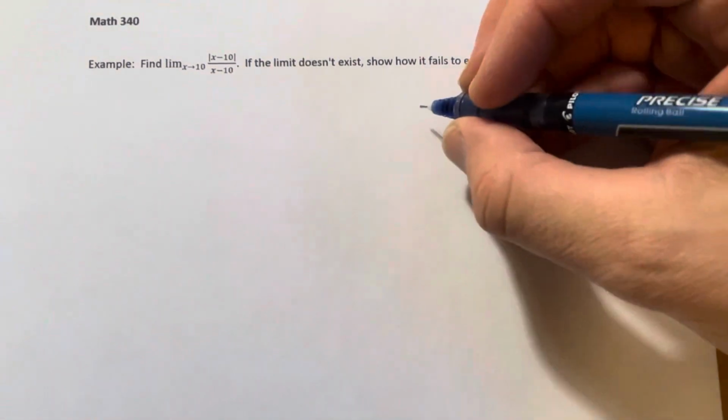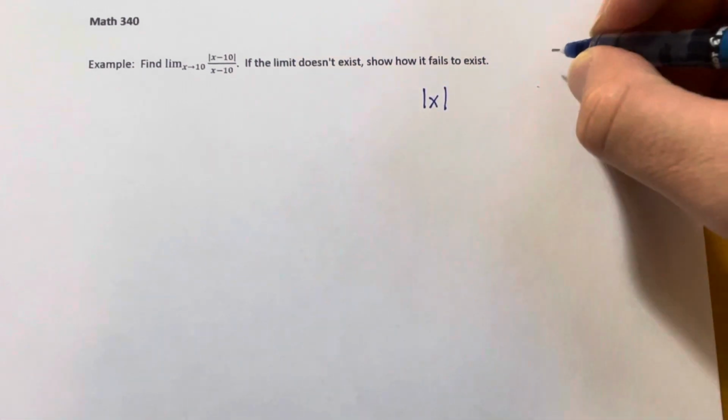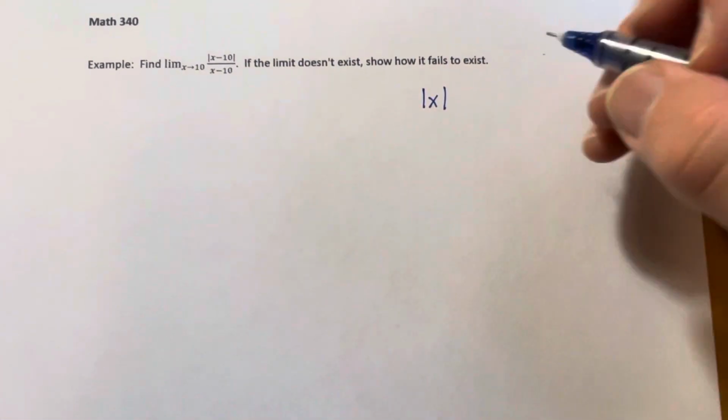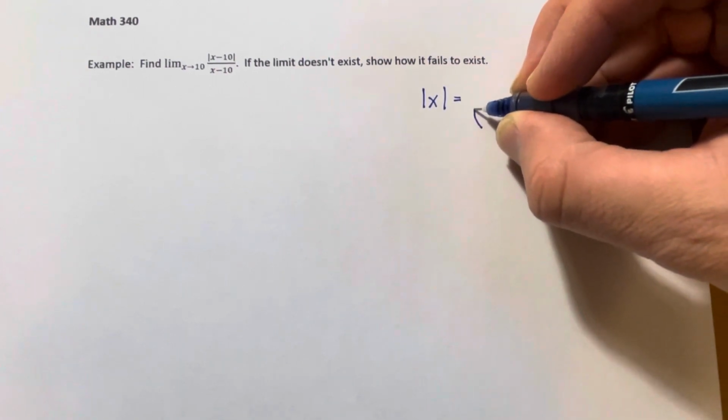So off to the side here, I'm going to say this. The absolute value of x, notice it's not exactly the same function. We're starting with the absolute value of x. But the absolute value of x can be thought of as a piecewise function by defining it this way.